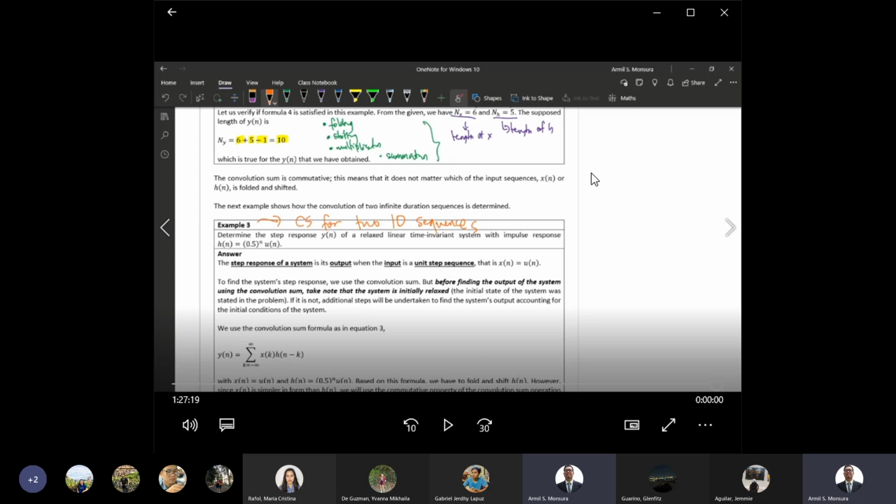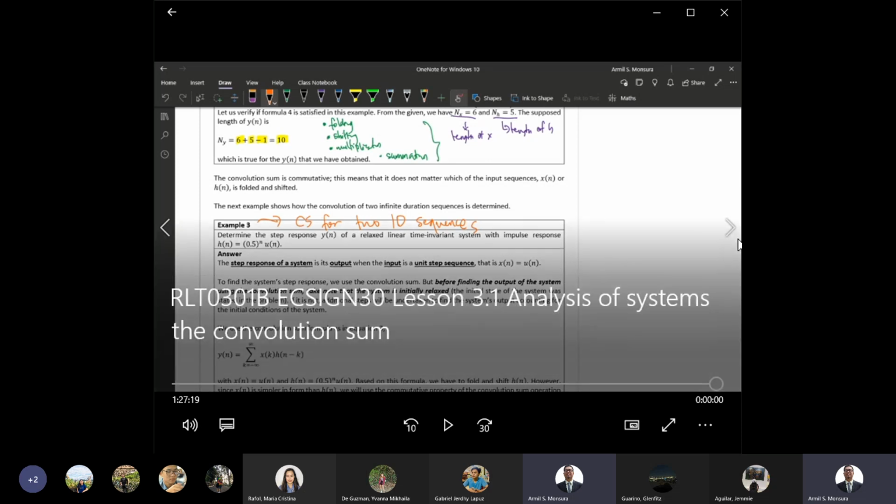Pero sinasabi ko nga, you won't need the use of those shortcuts kung pwede niyo namang computein yung convolution sum, or pwede niyo i-implement yung convolution sum using yung numerical computation niya, okay? Which is gagamitin niyo nga sa MATLAB.